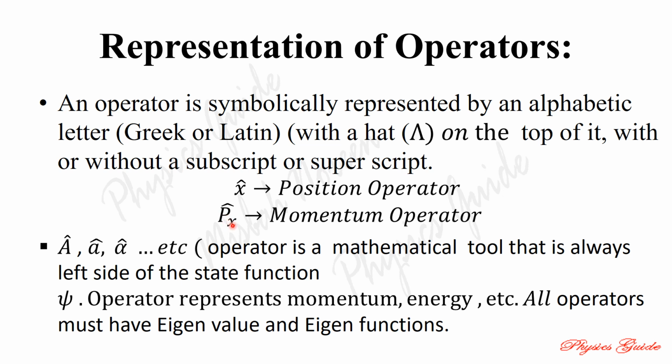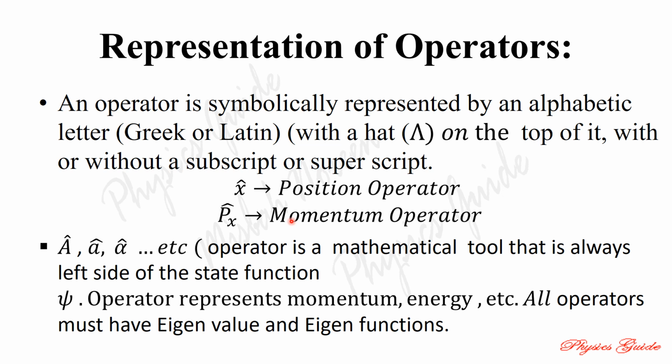P of X is the momentum operator, and this is the momentum operator in the direction of the x-axis or the horizontal direction. If we put a y, P of Y, then it represents the momentum operator in the direction of the y-axis. And also we use P of Z in the z direction.